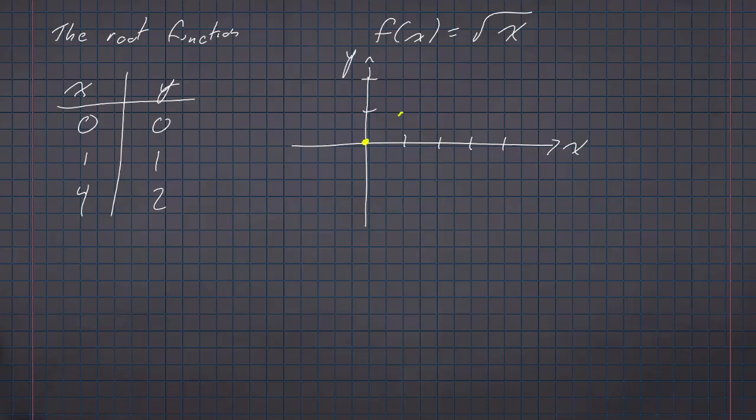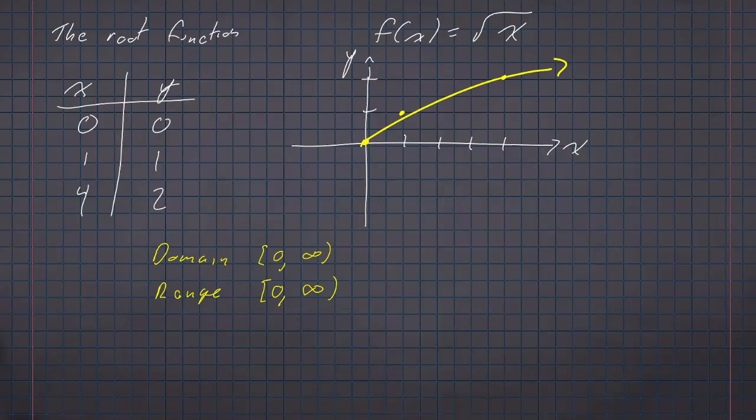Plotting those points, playing the game of connect the dots, the square root function has a graph that's kind of a half parabola turned on its side. The domain and range of the root function are both from 0 to infinity, closed at 0.